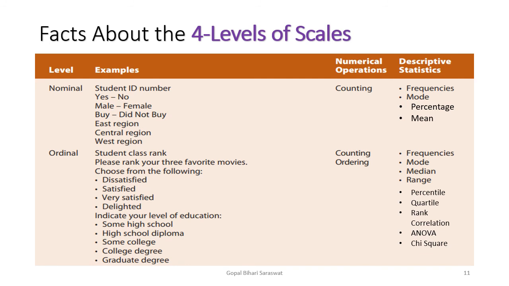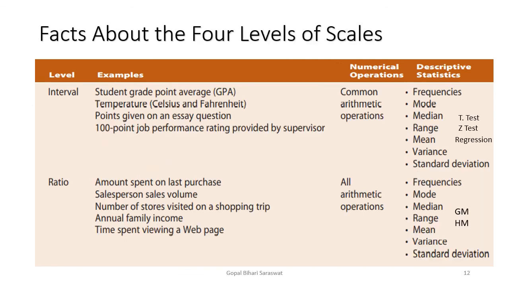So here you can use all the statistical methods you applied for the nominal scale, and in addition to it you can also calculate median, percentile, quartile, rank, ANOVA, chi-square and correlation. So these are the statistical tools you may apply on the ordinal scale.